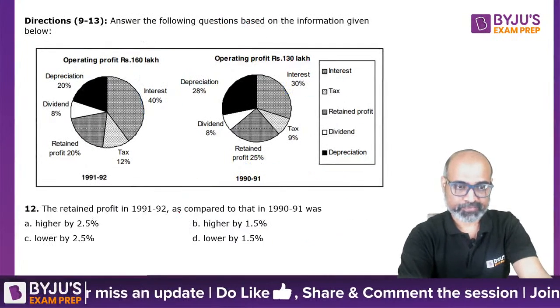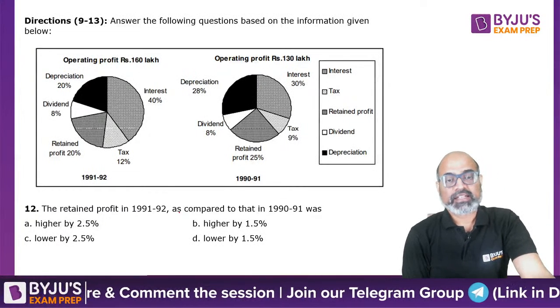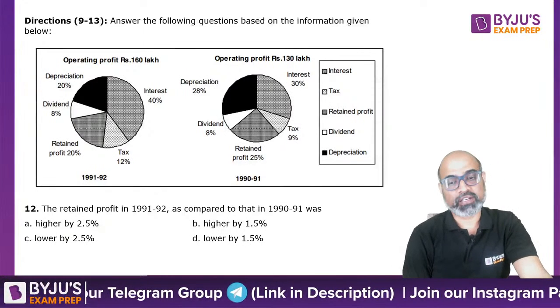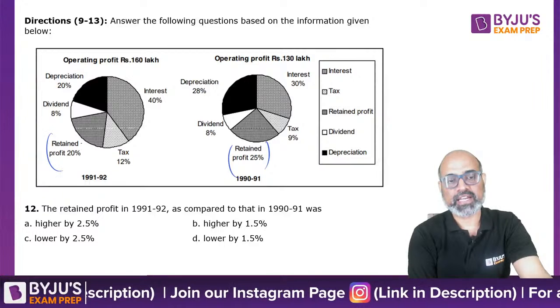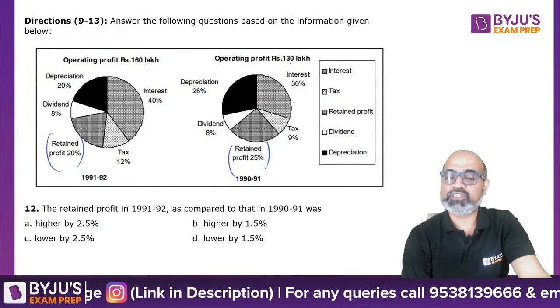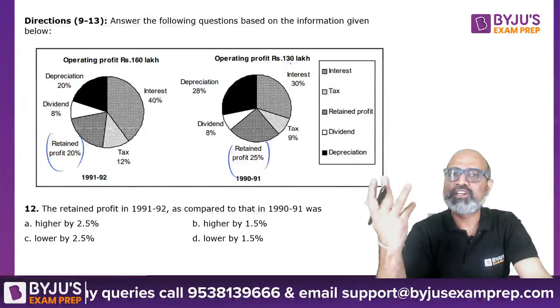Okay? 12th, the retained profit in 91-92 as compared to that in 1991. So retained profit 1991 and 91-92. So 25% of 130, which is saying 1/4 of 130, which is same as 25 into 13.